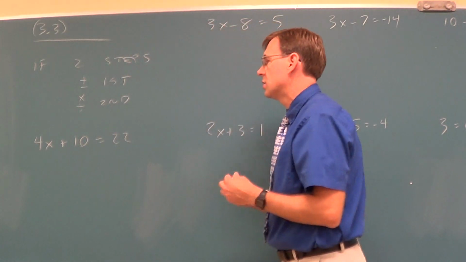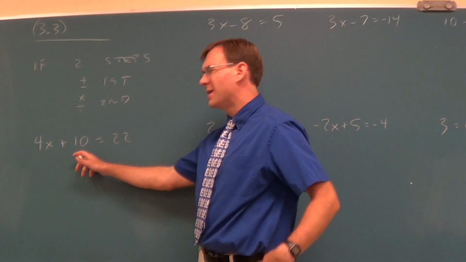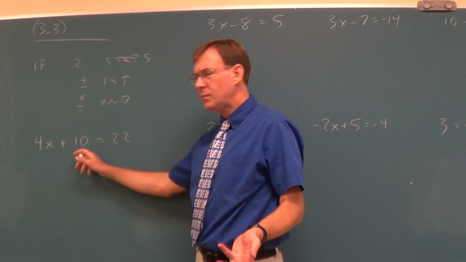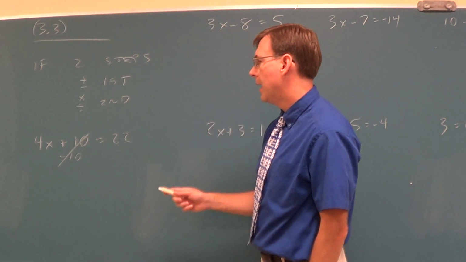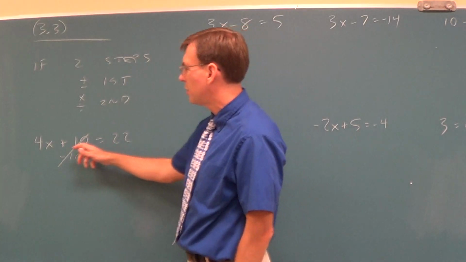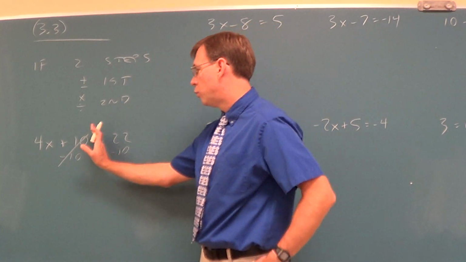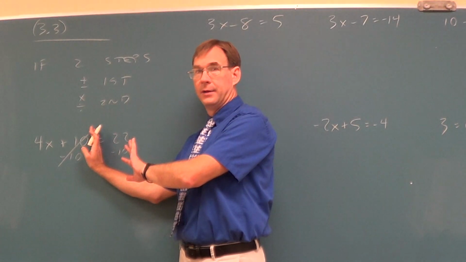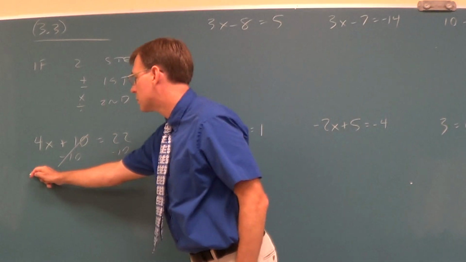So I'm still going to want you to show the work and do what we're doing. So what did we decide we were doing about the 10? Subtracting 10. So I'm going to subtract 10 to eliminate the 10. And then where is my other subtract 10 going to go? Because all of a sudden we have more choices about where to put that. Under the 22. Because one of them was on one side of the equals, so we've got to get on the other side of the equals.